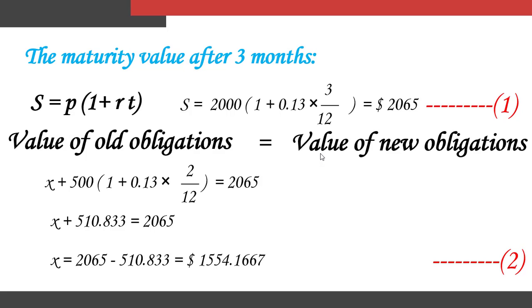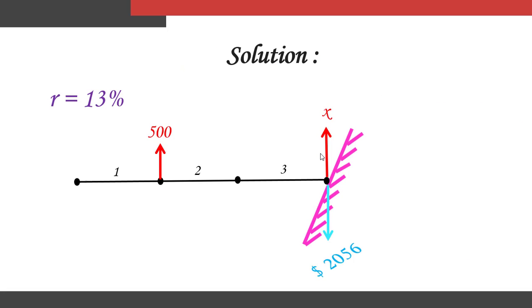The right hand side, value of new obligations, the amount of $500 plus X. The amount for $500 will be for 2 months, from the maturity date of the payment to the focal date.